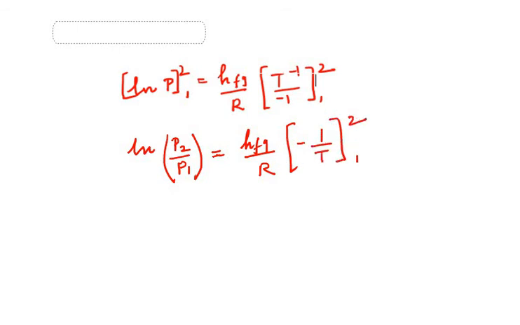If I remove the minus sign, the limits change from 1 to 2 to 2 to 1.